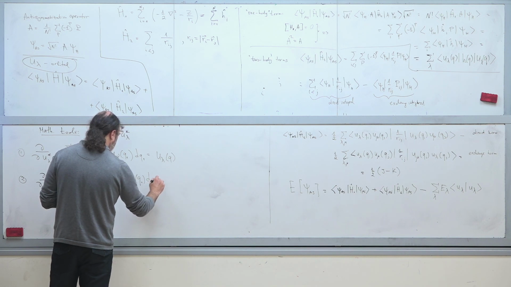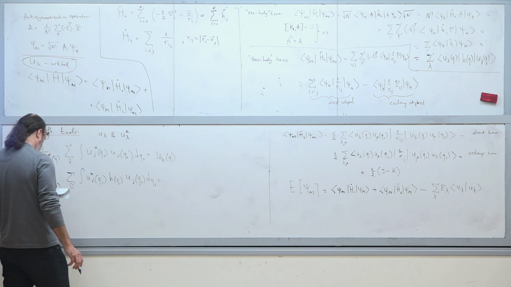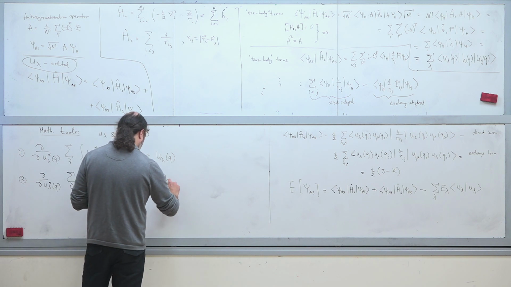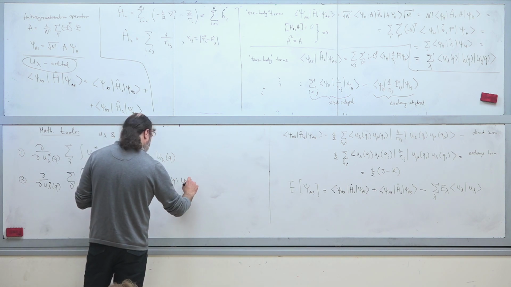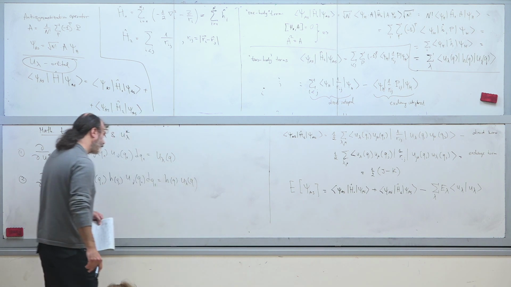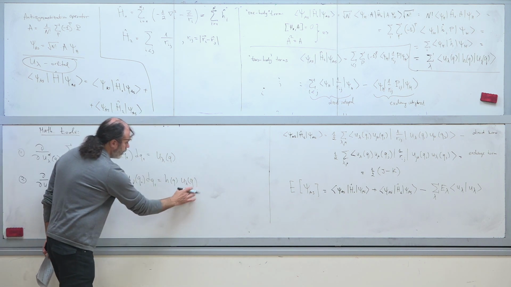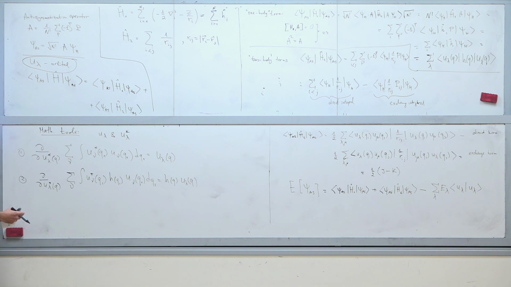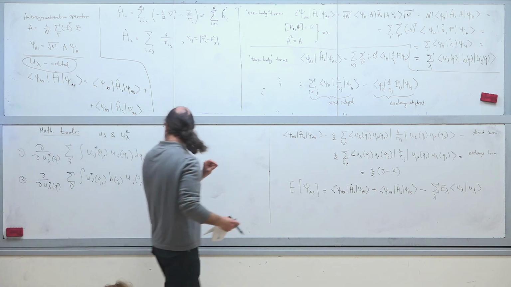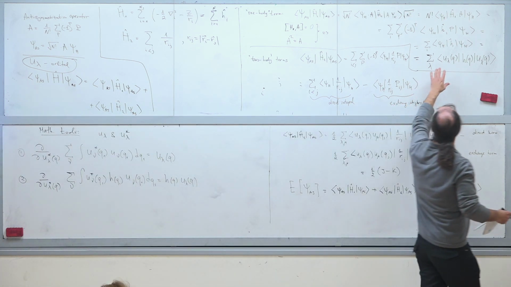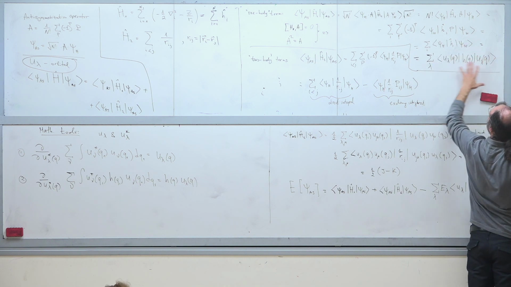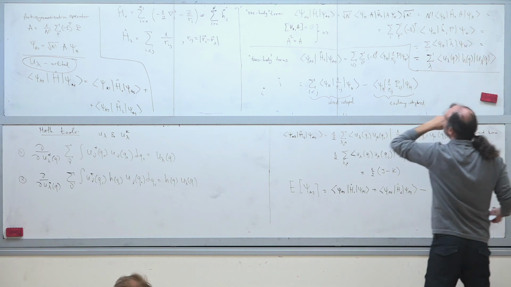This operation will give me the Hamiltonian of q acting on u lambda of q. This part will act on that.